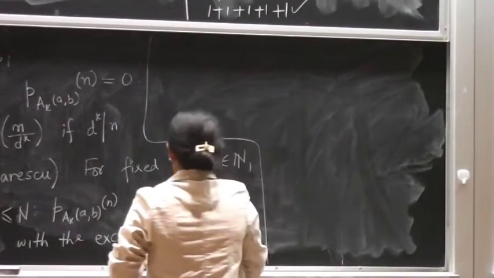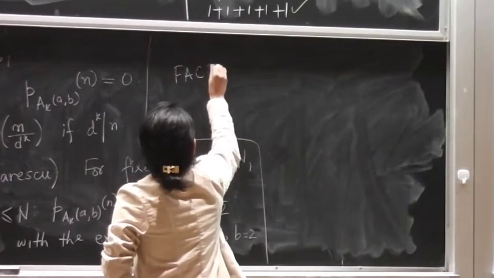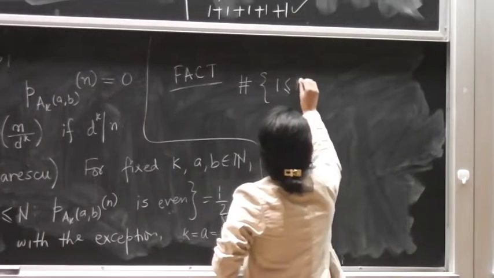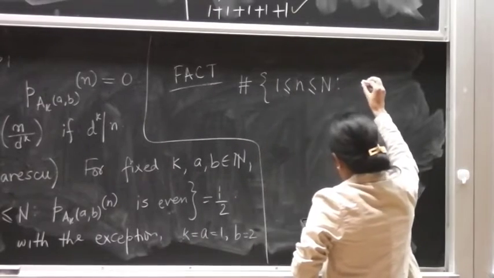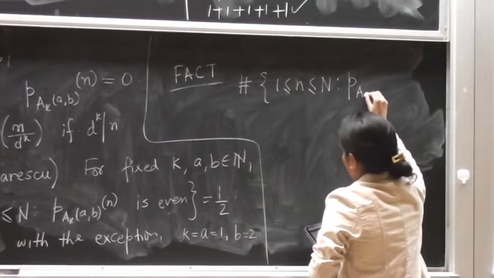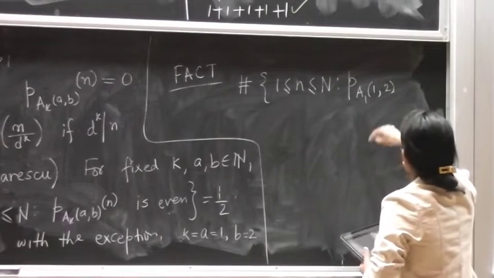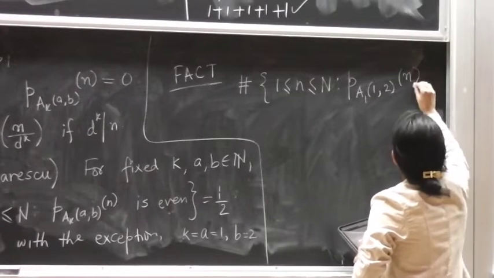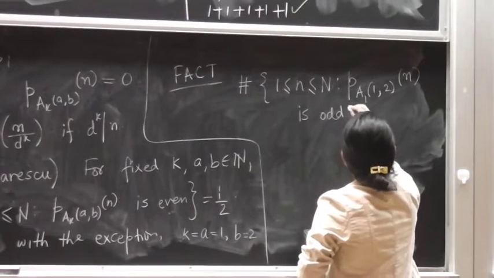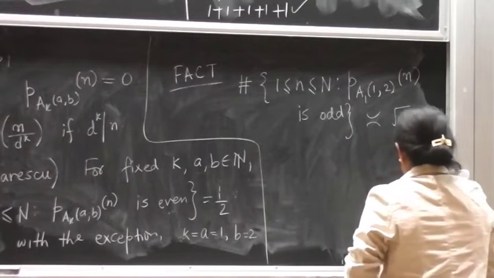Okay, so let's move on. I'll just say that in this exceptional case, we are able to show that if you take all those n's for which this is odd, this is about square root of n.